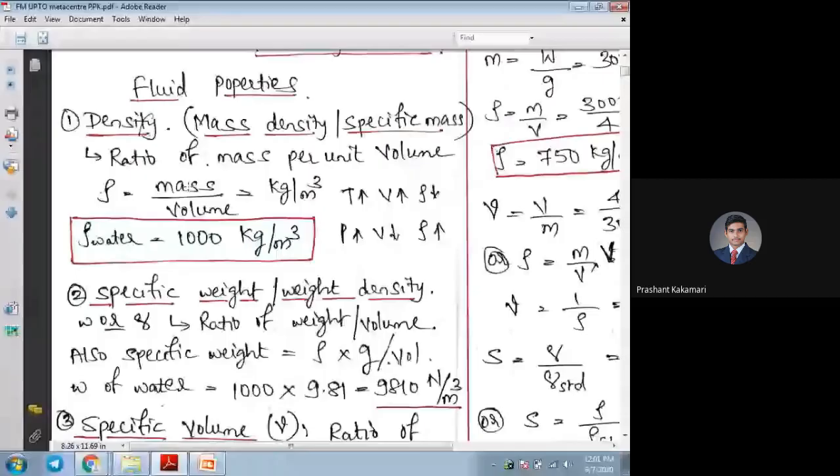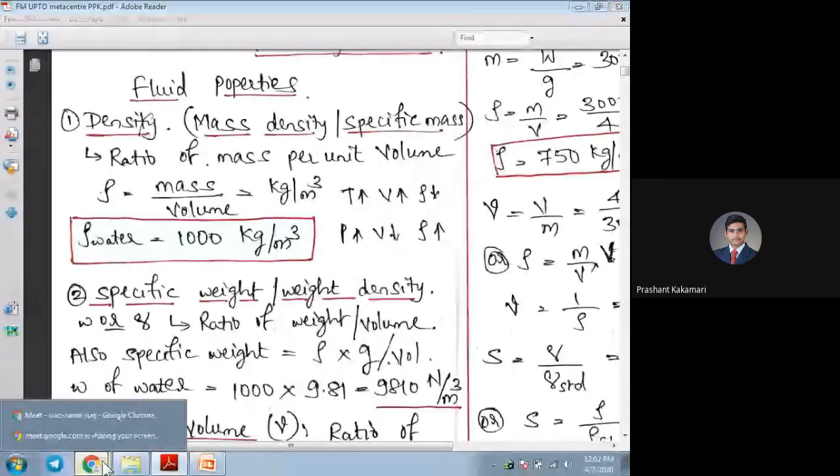With respect to volume, mass density, or simply density, is also called specific mass. You can observe the ratio here. Mass density is the ratio of the mass of the given fluid to the volume occupied by it.